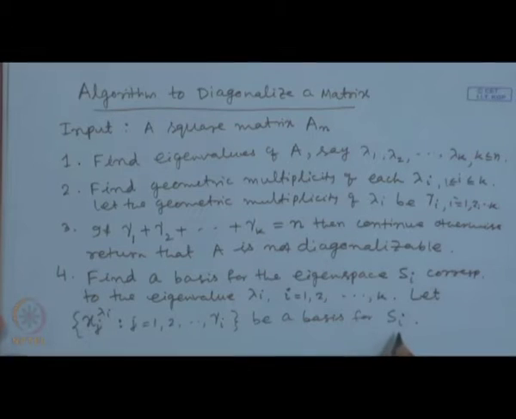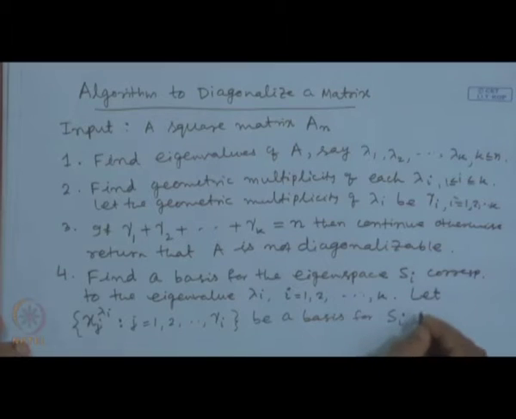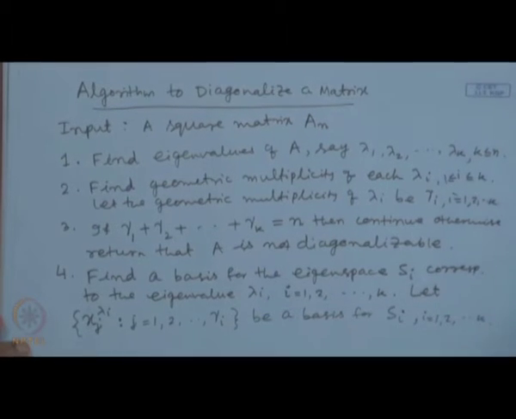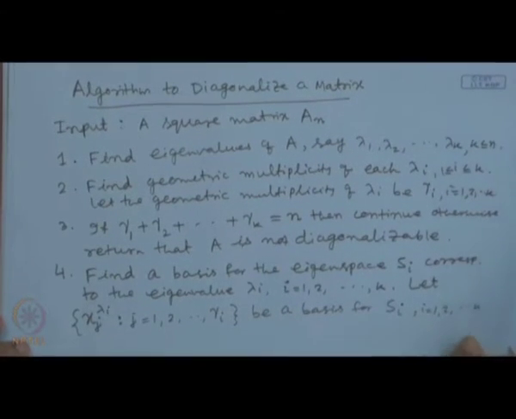So, the dimension of Si is gamma i, and in this set we have gamma i vectors forming a basis for the eigenspace corresponding to the eigenvalue lambda i. For each lambda i we consider a basis for its eigenspace Si.